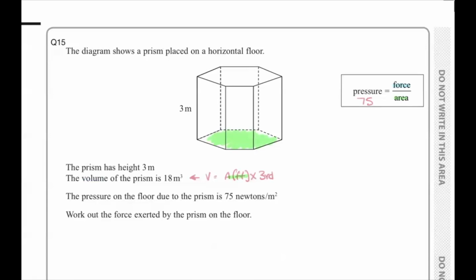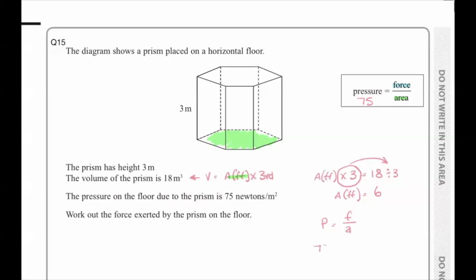So area of our front face times by its length that made it 3D, which is 3, is equal to 18. We're going to take the times 3. It will land as divide by 3. And the area of our front face is equal to 6. Now I can use my pressure equals force divided by area.